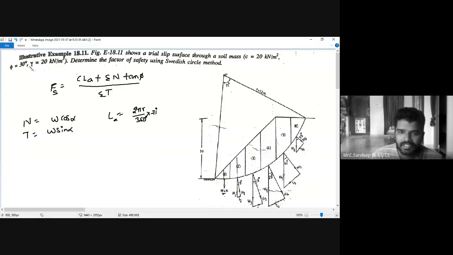Right? Then fourth slice having 29 degrees of alpha, okay, having N4, T4, W4. And then for fifth and sixth also having a weight separate, and normal reaction and tangential reaction also separate. So this all N1, N2, N3, N4 up to N6, the same way W also, and then T also. Right? So this all you have to find out individually. So for that you have to make a table.